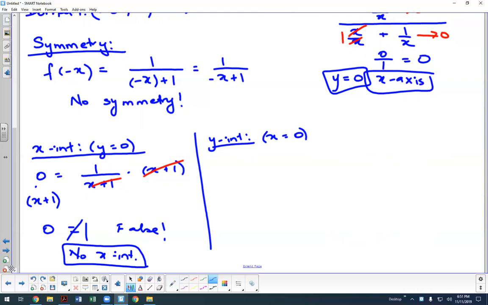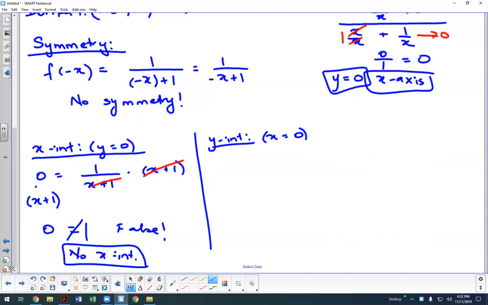Okay. If you had not simplified your function and tried to find the x-intercept, you would have got x equals 1. But remember, x equals 1 is where our domain is undefined. So that's why it cannot be our x-intercept, because that's exactly the place where our domain is undefined.